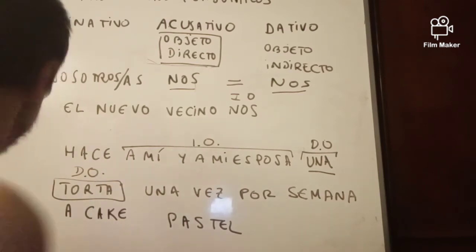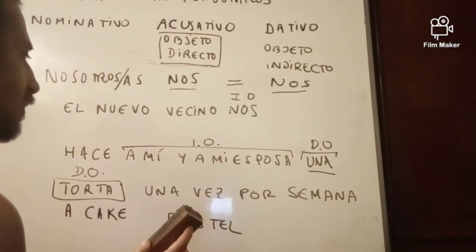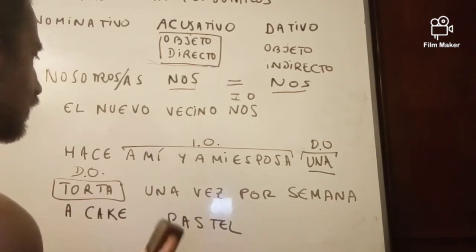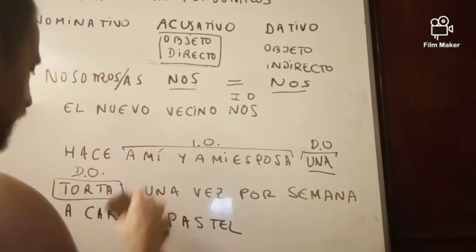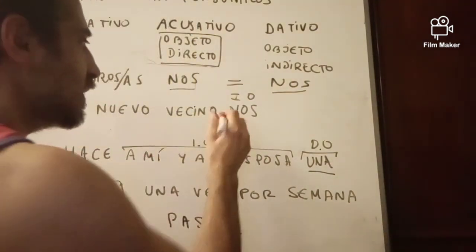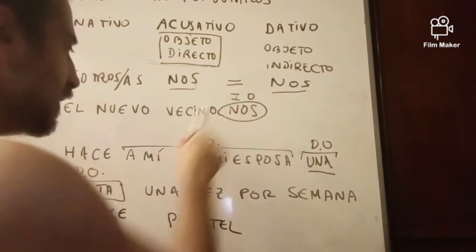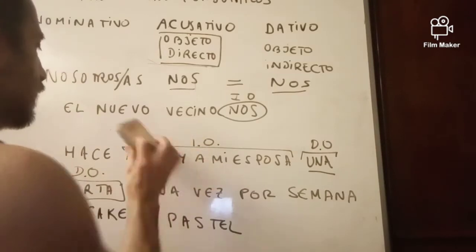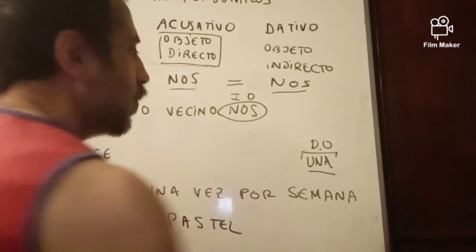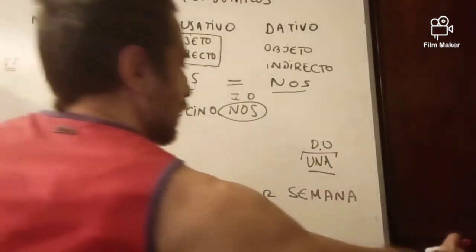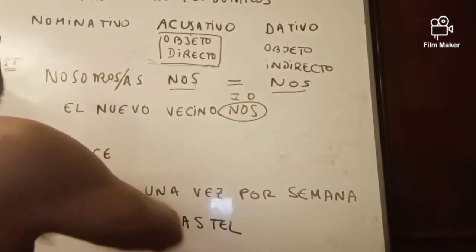Now let's replace the nouns. El nuevo vecino nos hace. As we have the duplication here, we won't put anything. We just have the indirect object and we replace una torta with the direct object pronoun.